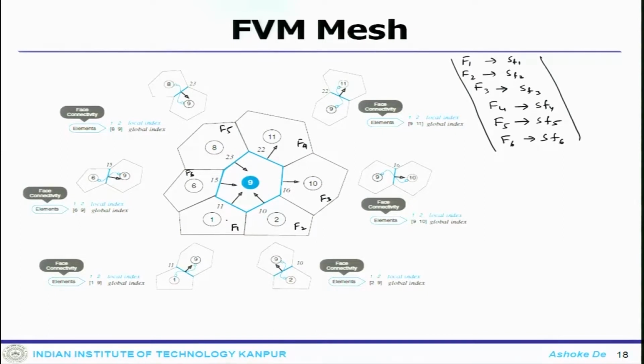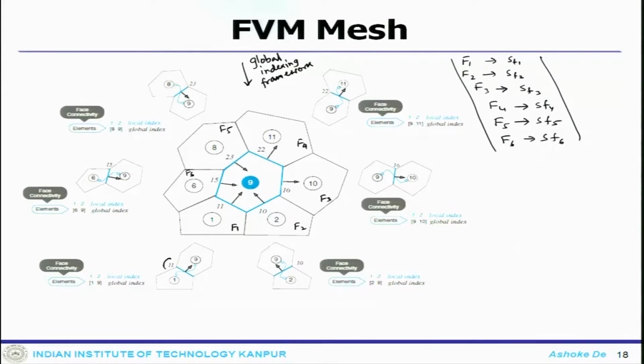Okay. So, these are my local element or local indexing of the element that we have used as per our sign convention. So, now you look at the connections between element number 9. This is now we are in the global indexing framework. So, here the numbers that we get to see, these are global. Now, you look at 9 and element number 1. These are the two elements, they are connected with faces.